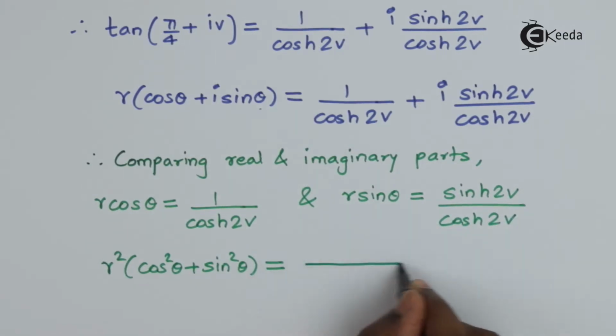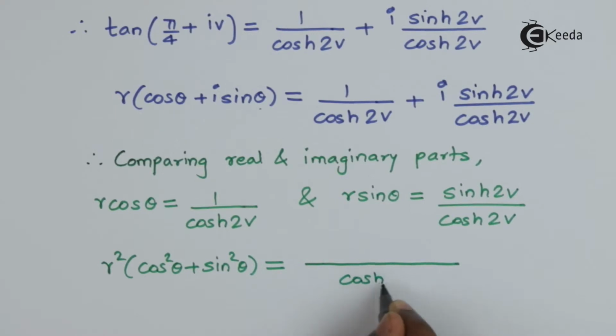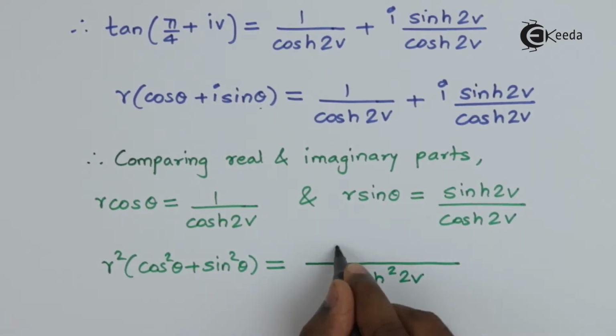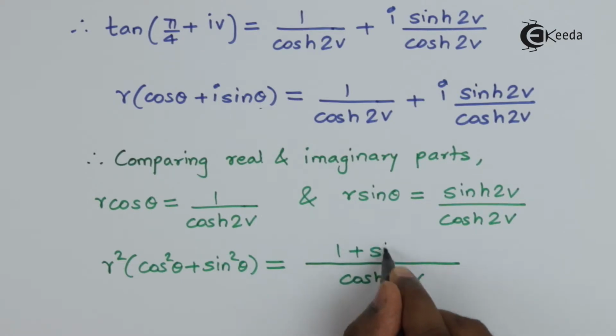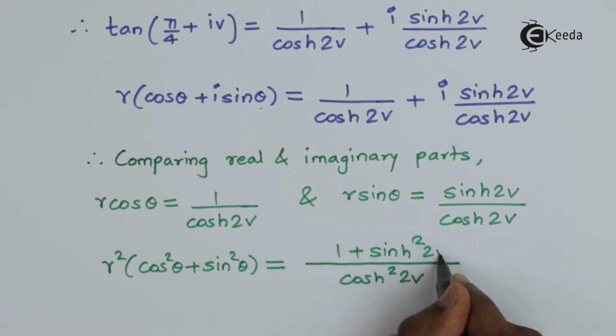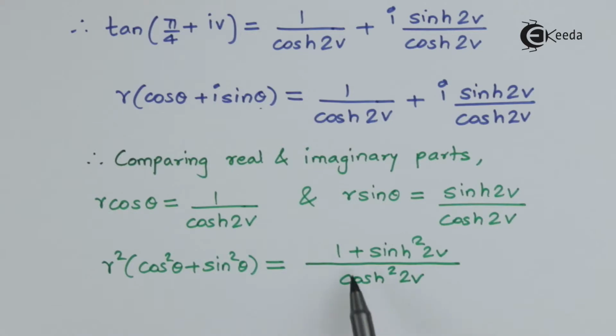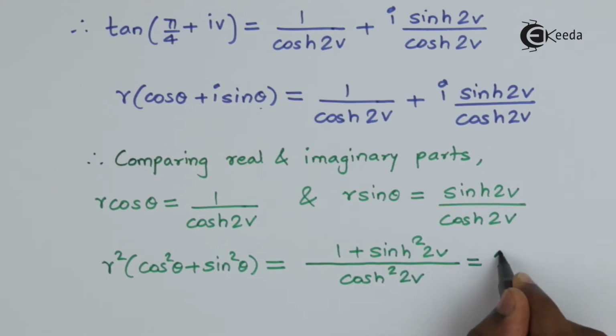So by adding, we'll get hyperbolic cos square 2v common. In the numerator, we'll get 1 plus hyperbolic sin square 2v. Now guys, the value of 1 plus hyperbolic sin square 2v is hyperbolic cos square 2v. So that will be cancelled with the denominator and we will get 1.